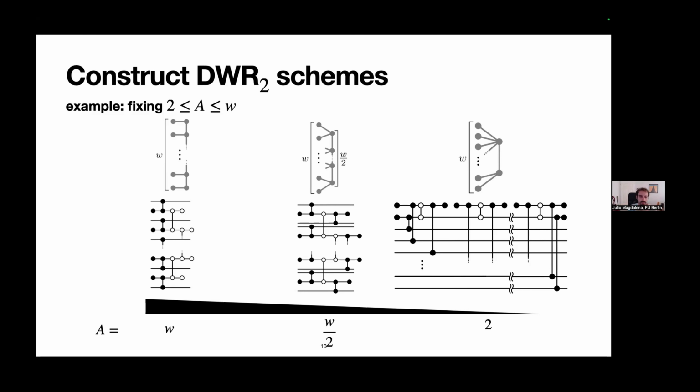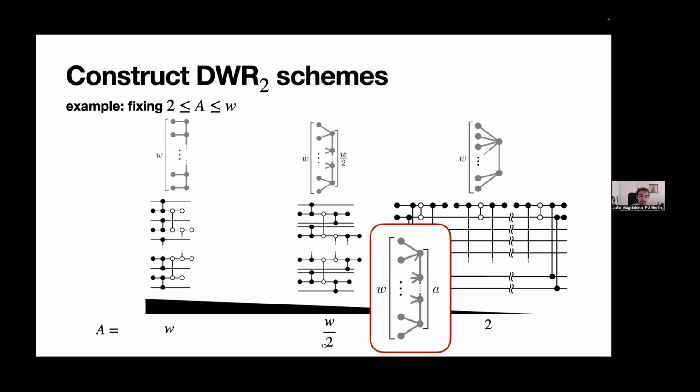And there are no connections between the physical qubits. If you generalize this graph, this is what you would end up with. Sorry, I just see that it should be capital A on the right. But yeah, you have some number of auxiliary qubits and some weight, and then you distribute the edges somehow uniformly.